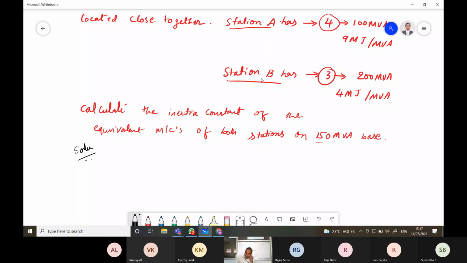Since the stations are located close together, nearer to each other, the generators of both stations can be regarded as a single equivalent large machine.